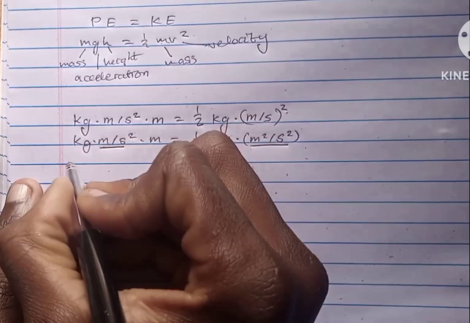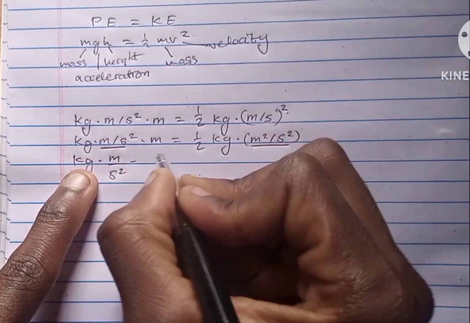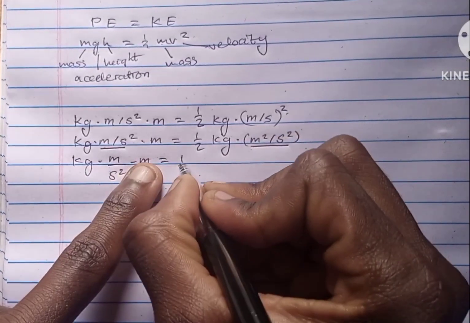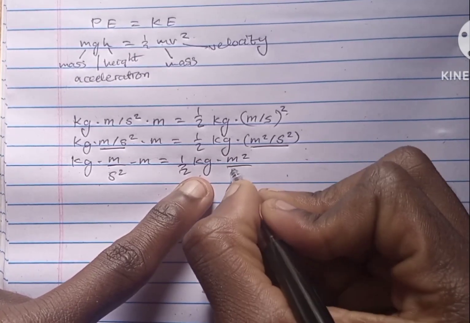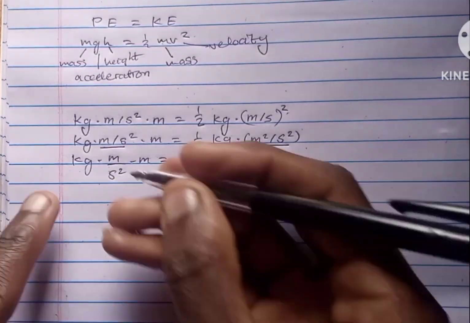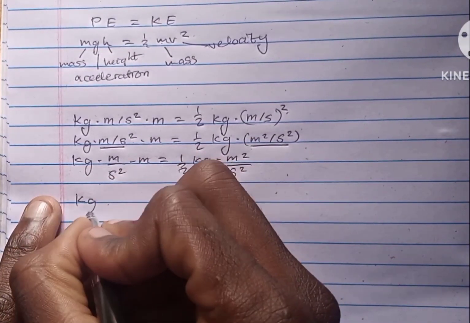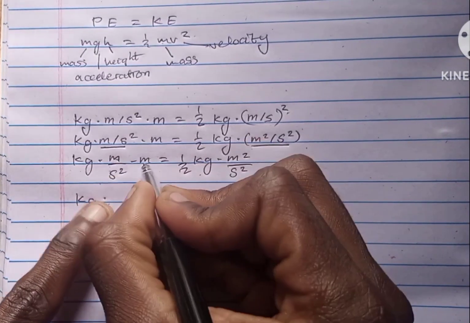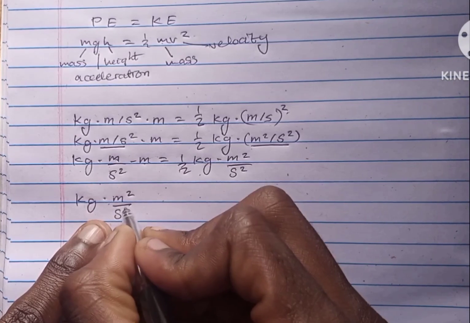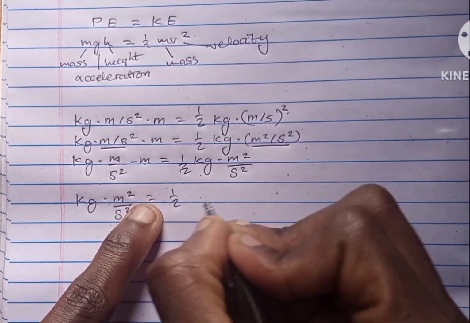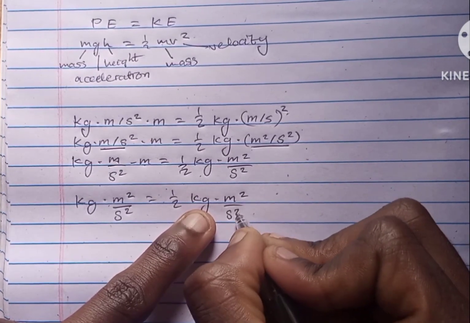So kg multiplied with m over s squared multiplied with m is equal to 1 over 2 kg multiplied with m squared over s squared. I'm going to multiply this because they are like terms. So kg multiplied with m times m is going to give us m squared over s squared, is equal to 1 over 2 kg multiplied with m squared over s squared.